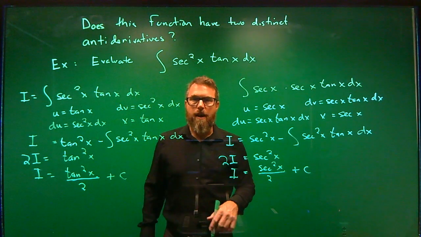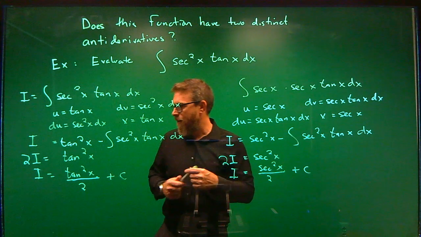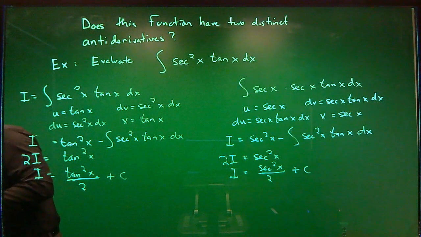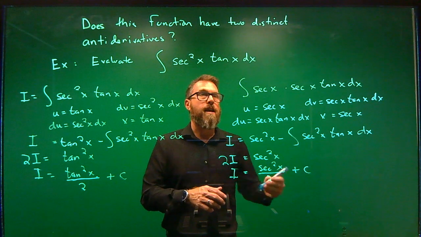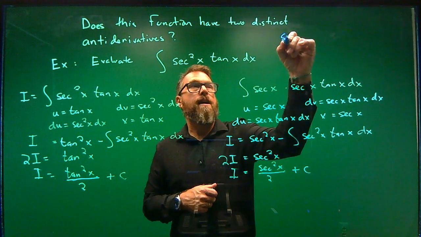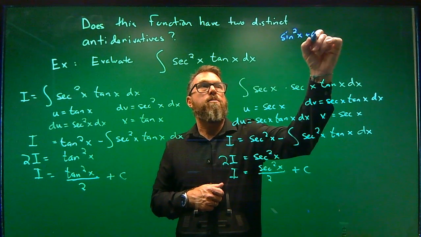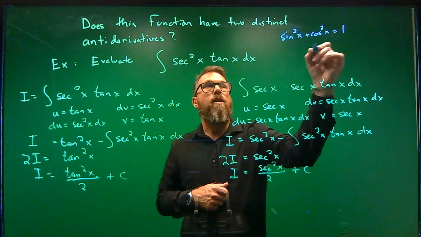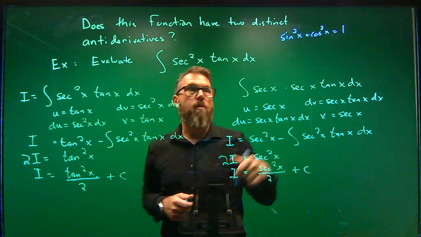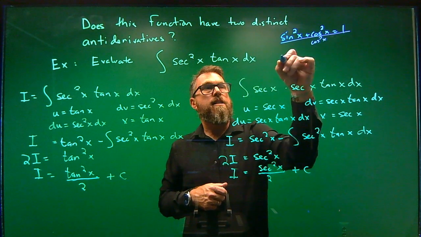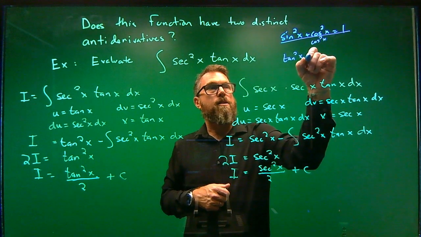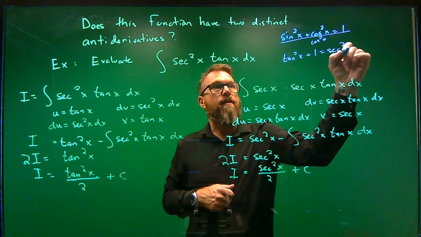So what we know is they're not unique. They look similar, but they're not the same. So what we're going to do is look at the Pythagorean identity, which everybody recognizes: sine squared of x plus cosine squared of x is equal to 1. Let's go ahead and pull out a tangent squared. If I divide everything by cosine squared of x, this says that the tangent squared of x plus 1 is equal to the secant squared of x.